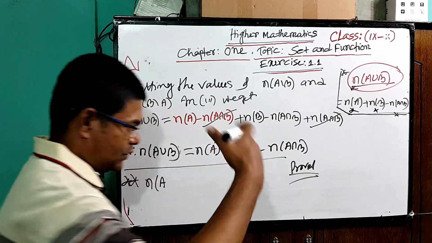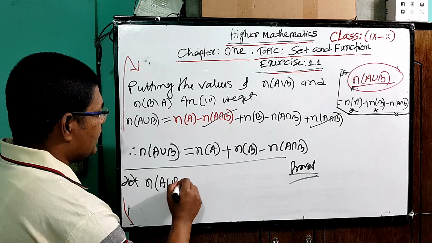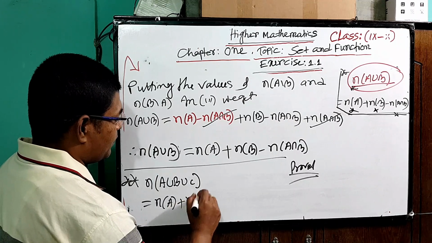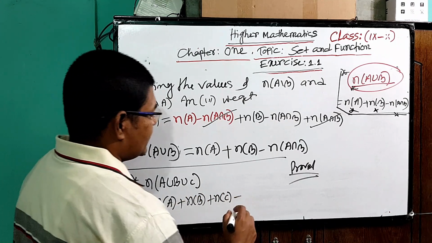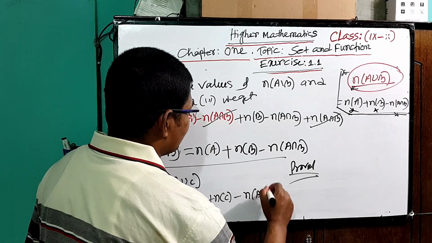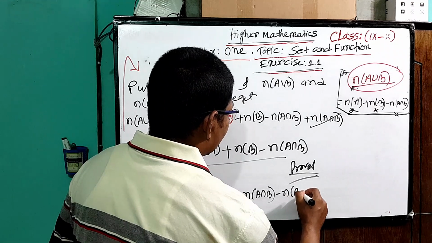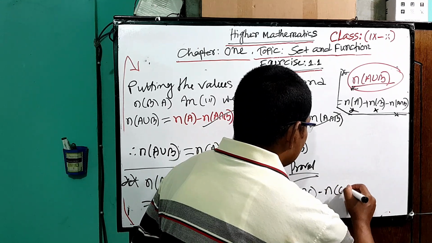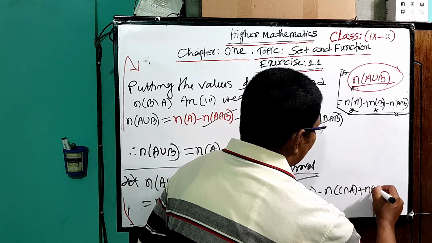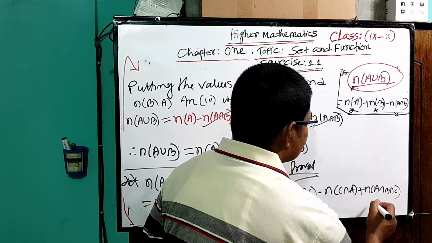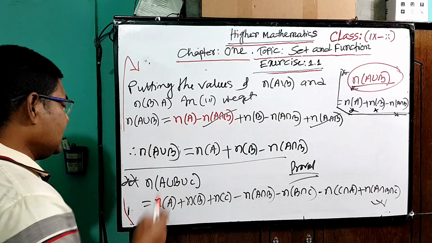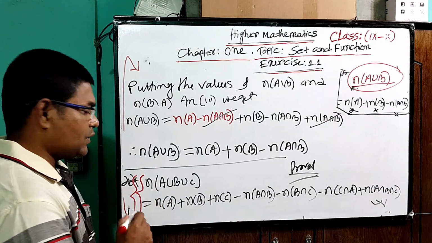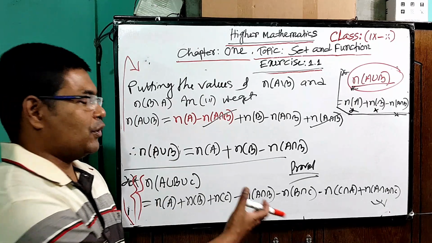N of A union B union C equal to, we have to prove that n of A plus n of B plus n of C, minus n of A intersection B minus n of B intersection C minus n of C intersection A plus n of A intersection B intersection C. Using this proposition, we have to prove this proposition. Okay. So next time we will prove this.